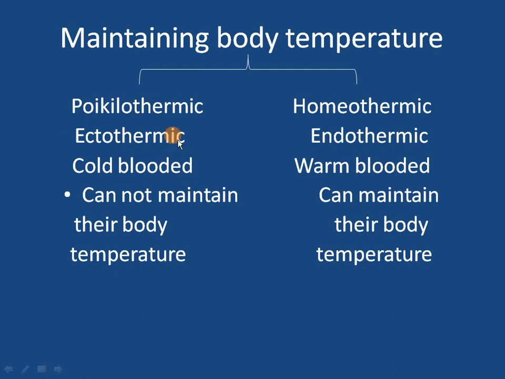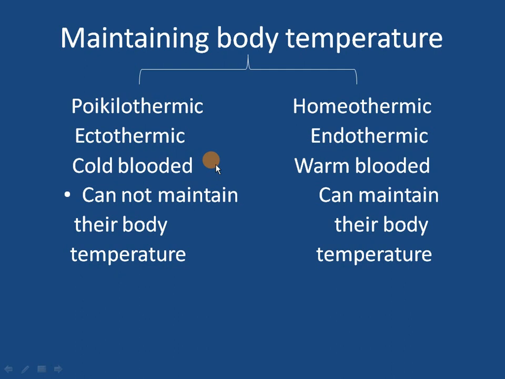The term ectothermic is based upon the fact that the body temperature of the organism is dependent upon the temperature in the surrounding. Means they will absorb the temperature from their surrounding by many ways, by conduction, through air, or from some hot surfaces like rocks and sands. Okay, they are also called cold-blooded.